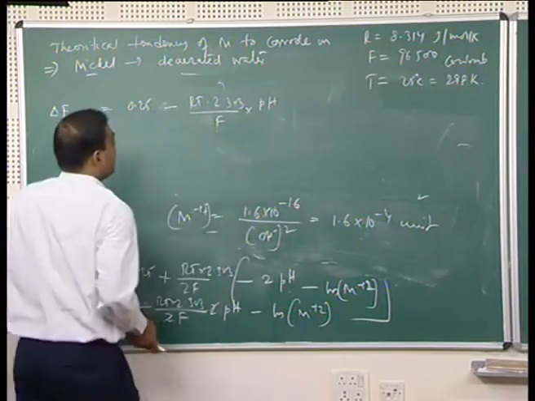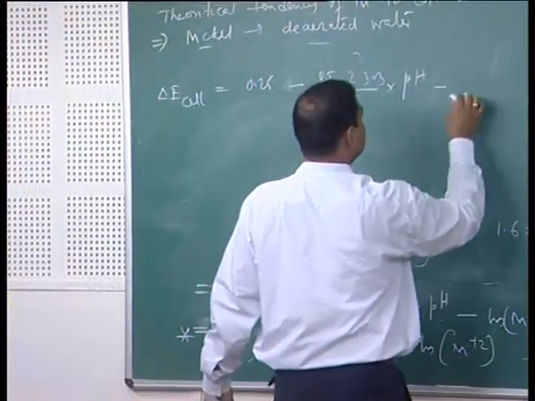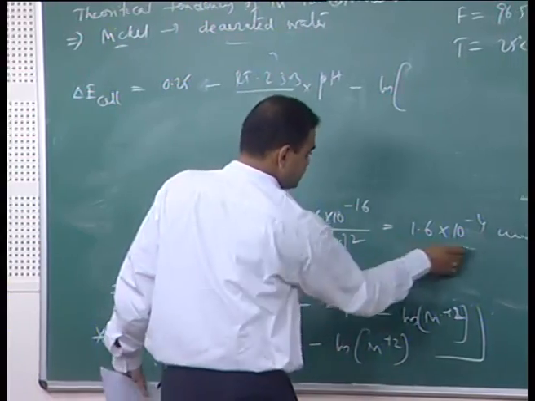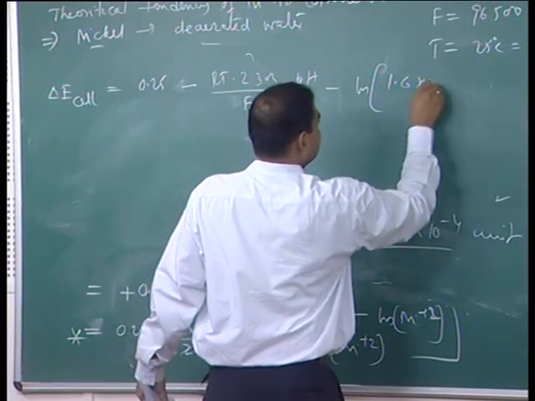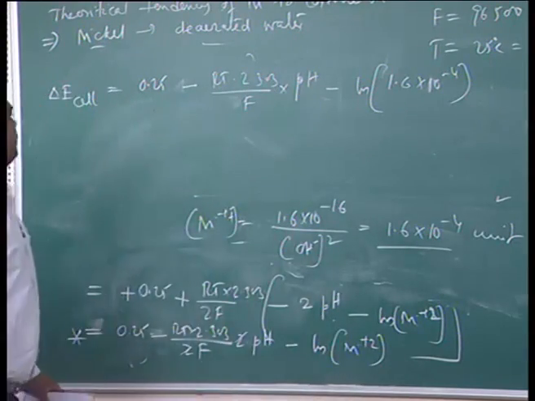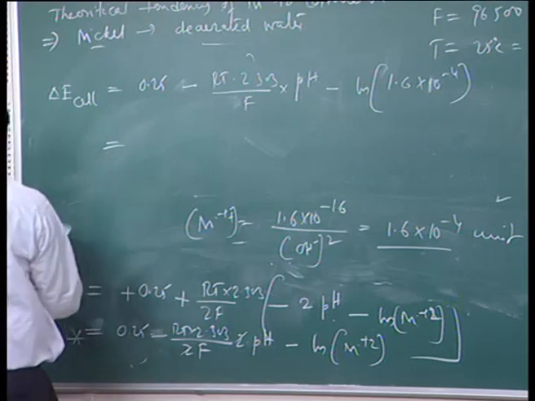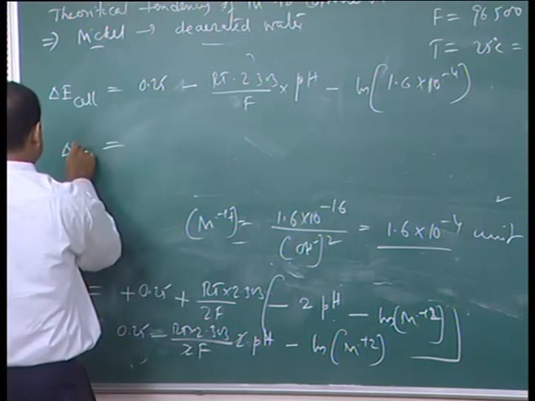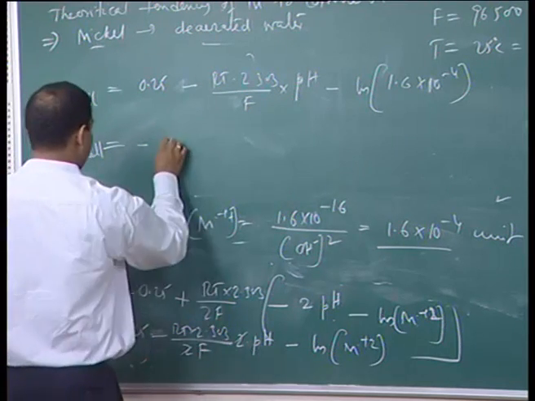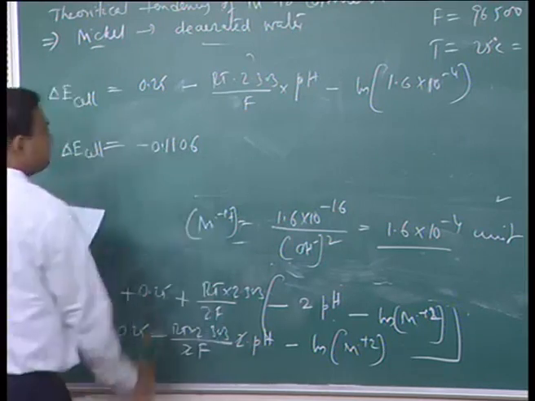So finally I will have minus log of the nickel ion concentration, which is 1.6 into 10 to the power minus 4. If you simplify it, you would get the final value of delta E cell equal to minus 0.1106.